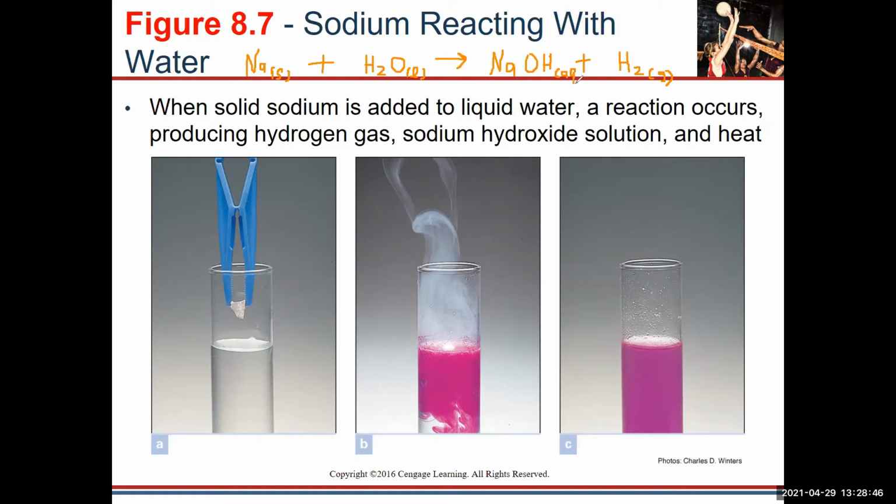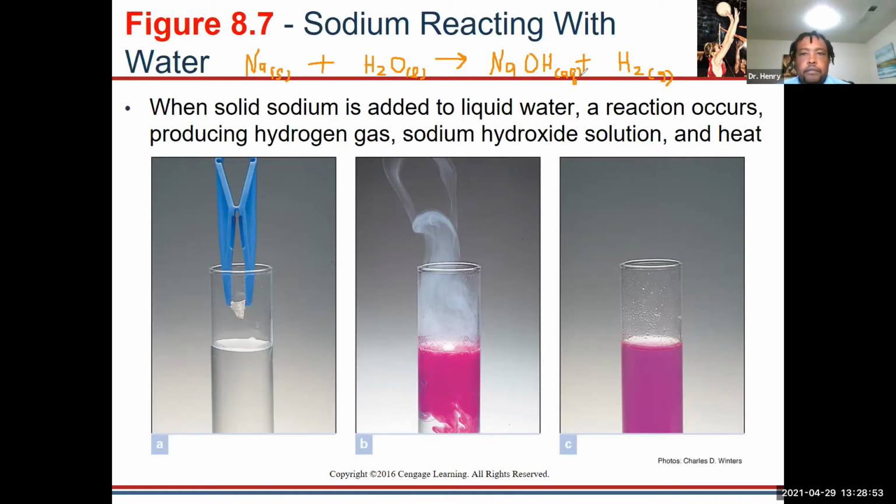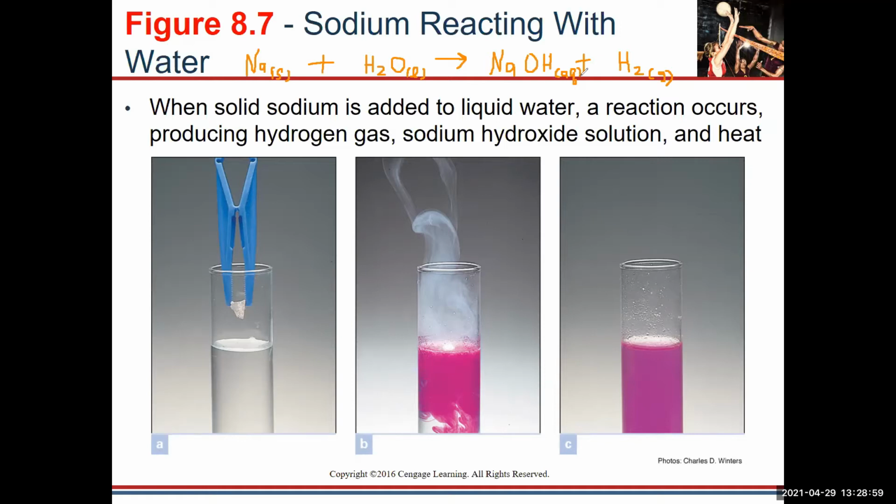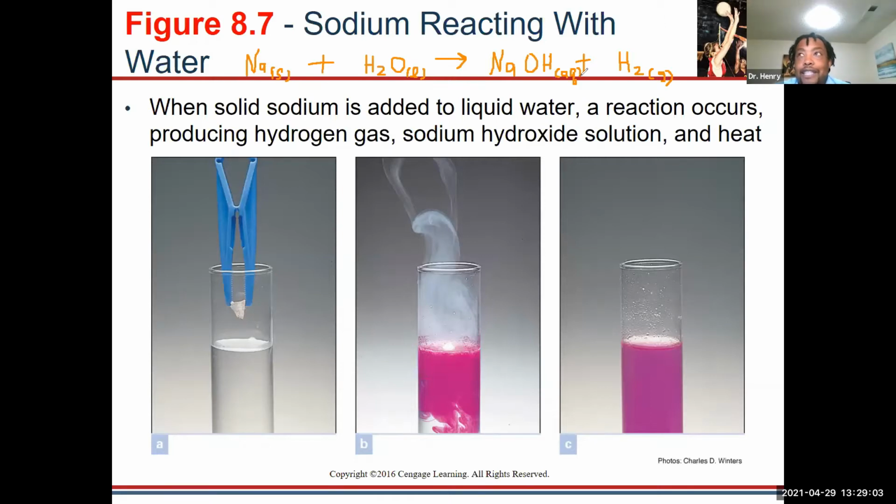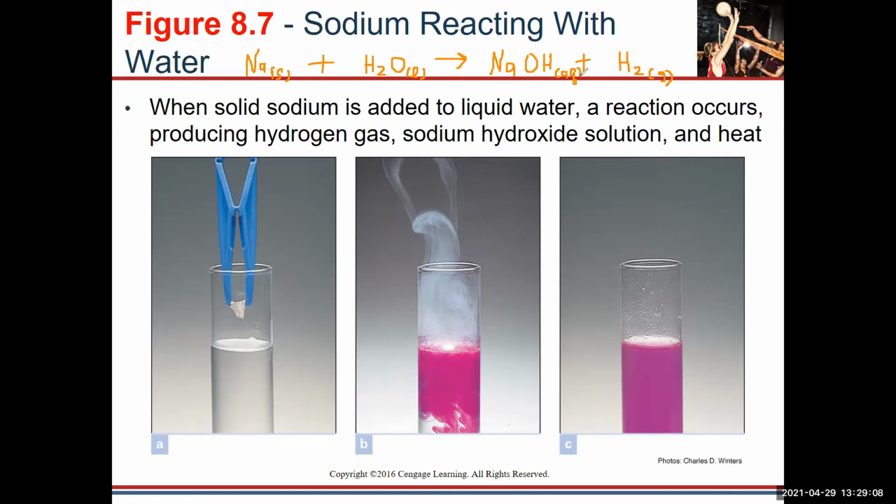That's right. Okay, piece of cake. Now, is it balanced? That's right, it isn't balanced. So we need to balance it. So what am I going to do to balance it?